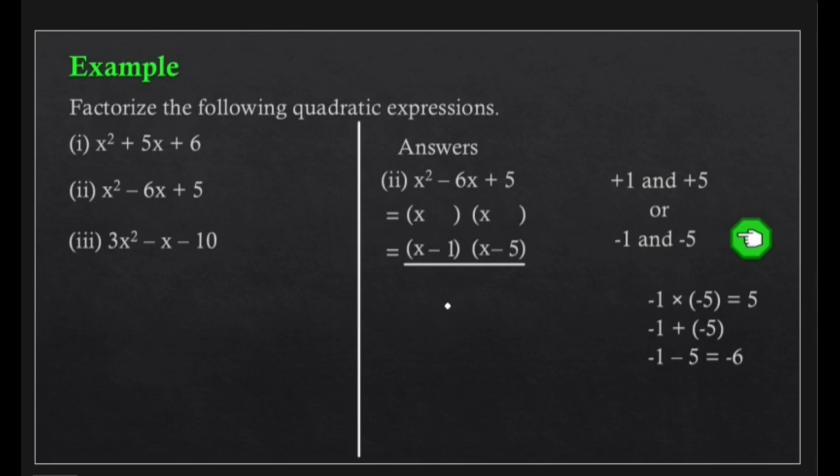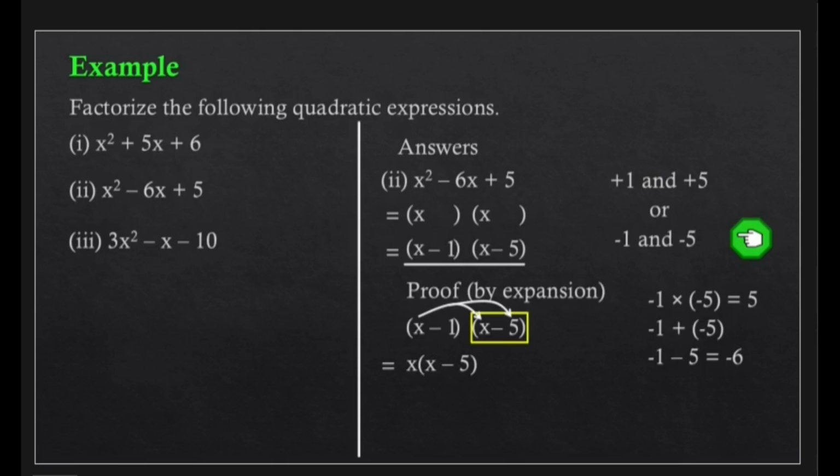So again, we can prove it by expansion, where we take the same expression and follow the same process. We multiply x in the first expression with x in the second expression, and the same x in the first expression with the second term in the second expression, which simply means x by the second expression.